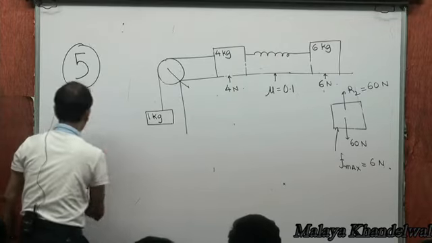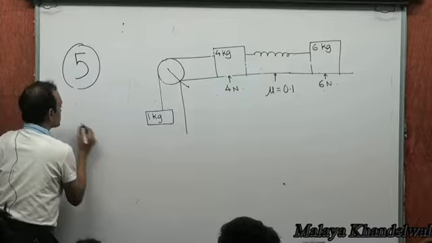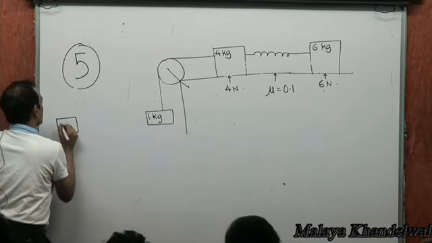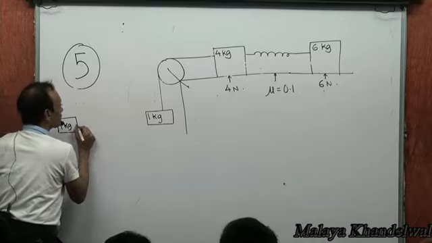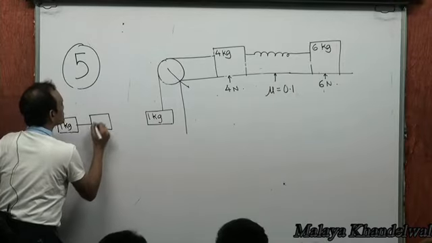See, if I just look at the free body diagram that comprises this block, this string, and this mass, just look at the free body diagram of these three entities. There is 1 kg. There is 4 kgs.